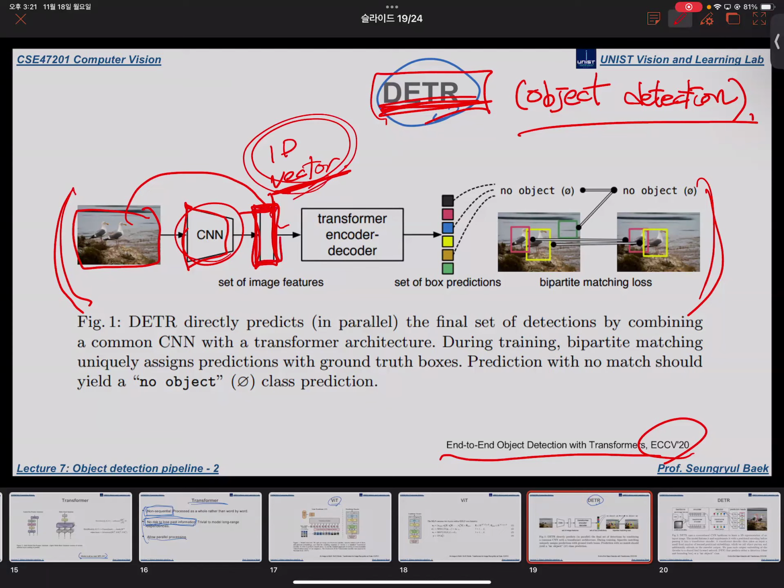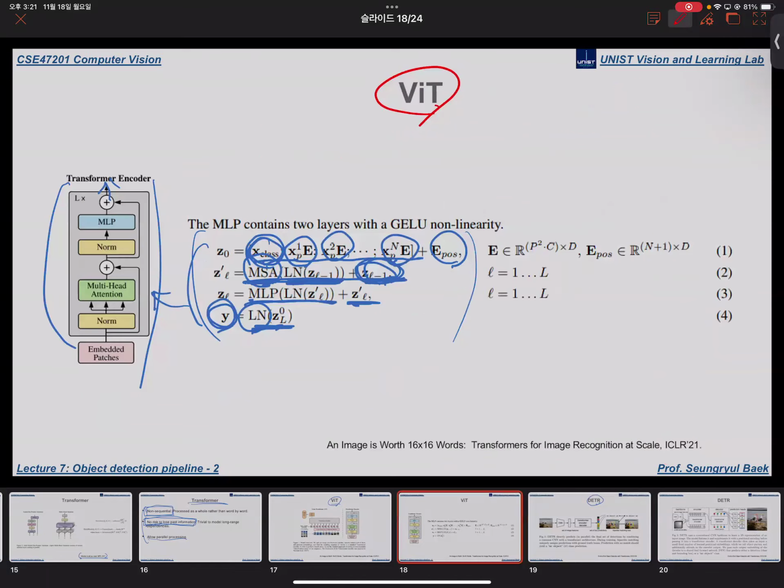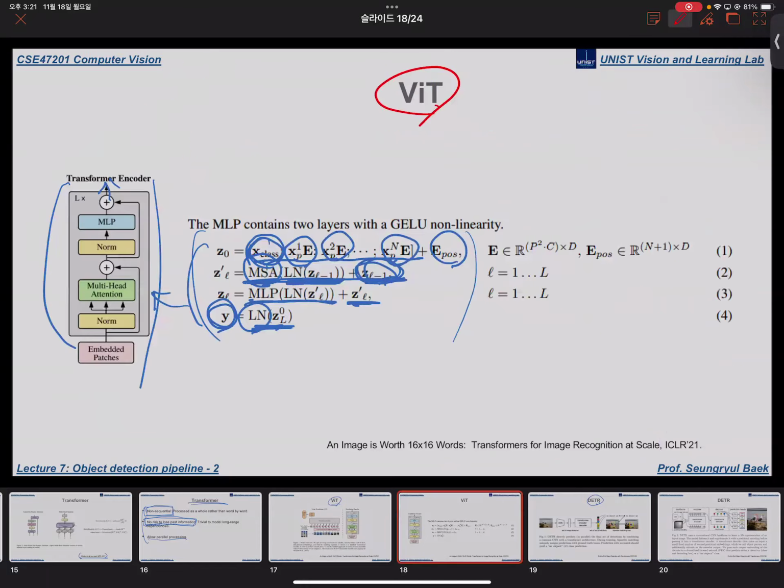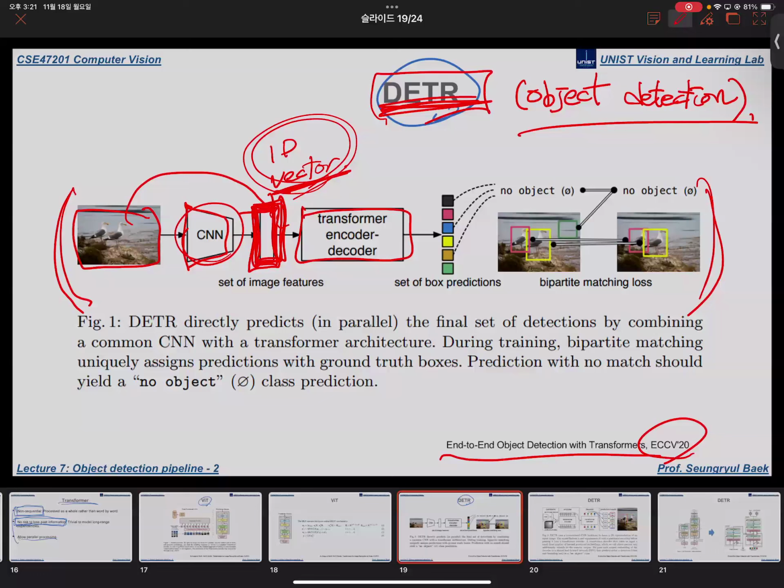Then you will use each element of this vector as one input to the transformer architecture. So now the input to the transformer is not the patch anymore, but each dimension of this feature vector is used as the input to the transformer encoder.